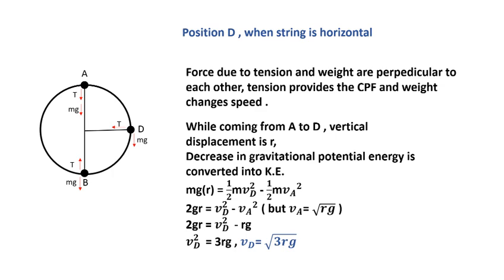The decrease in gravitational potential energy gets converted into kinetic energy. Potential energy mgr is equal to 1 by 2 mvd square minus 1 by 2 mva square. Substituting for va, we get 2gr is equal to vd square minus rg, or gr. Therefore, the velocity at D is equal to root of 3rg. This is about velocity at different positions.